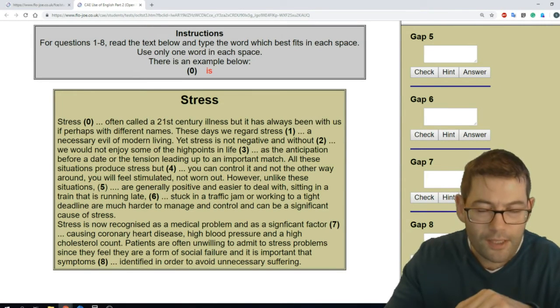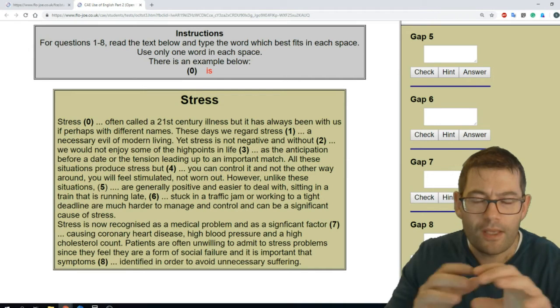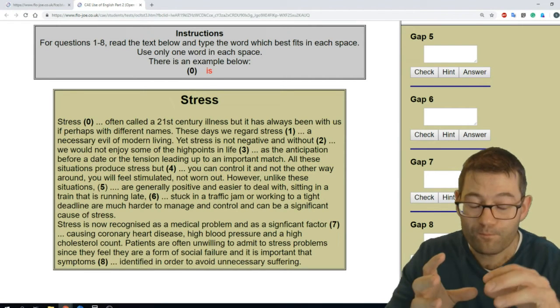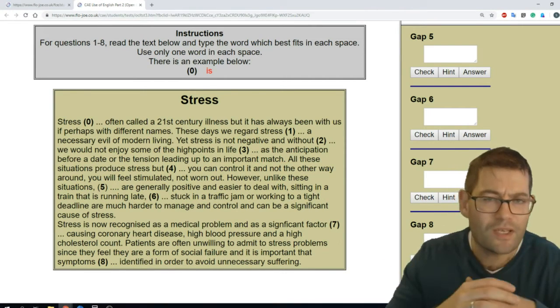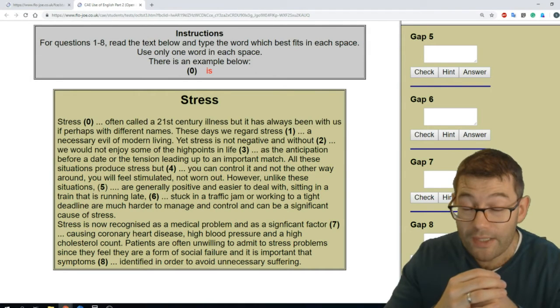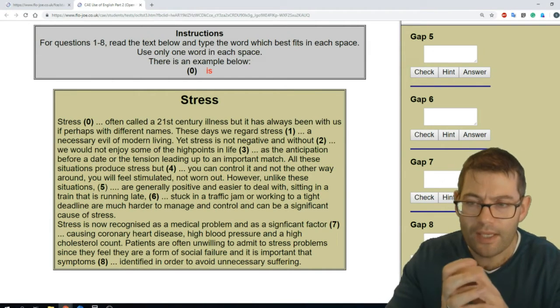And it's important to remember because it's an easy mistake to make. When you're speaking, it doesn't really make that much difference, but when you're writing, it rather stands out if you get that wrong.